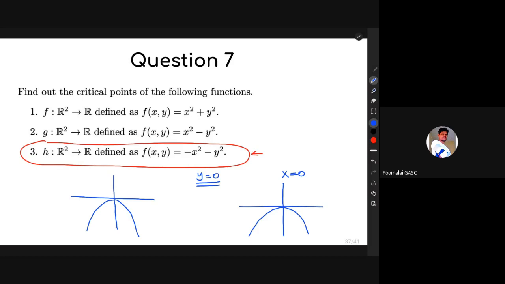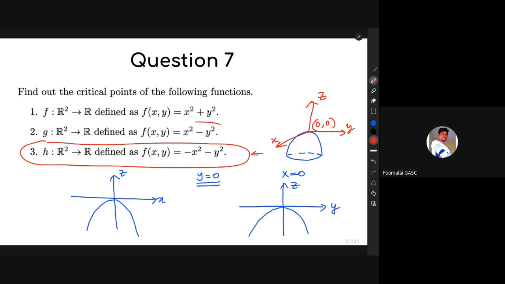So in particular, this is your y, this is your z axis, and this is your x axis. So at the origin, your function will look like a bowl facing towards the ground. This will be the graph of your function.